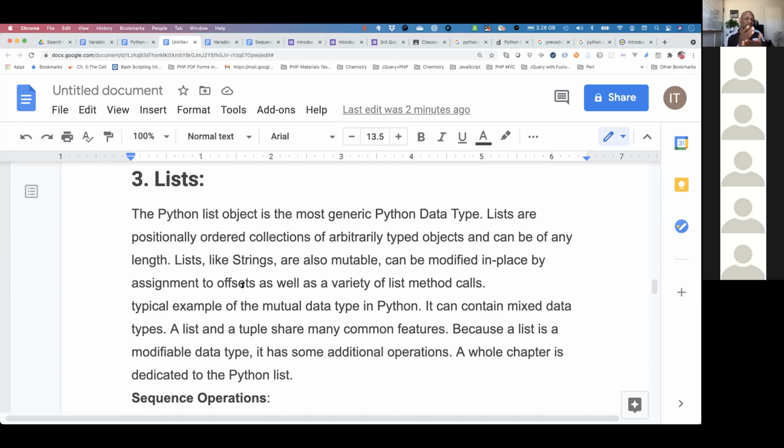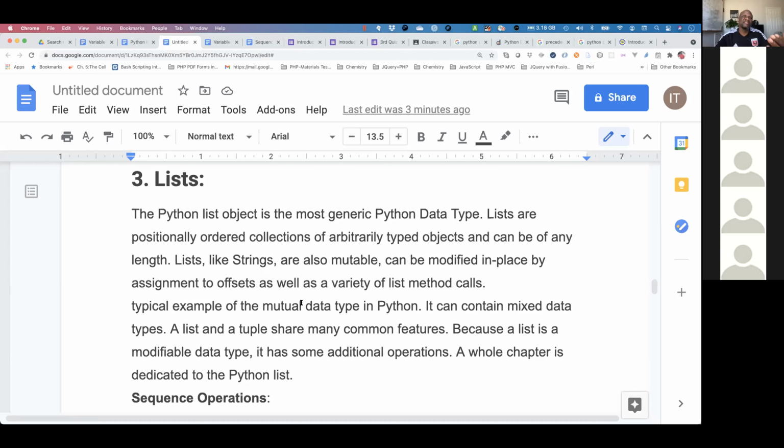You can edit it dynamically in the program. Dynamically means when the program is running, you can add things to it. You can append or delete in lists. And you'll find out pretty soon that that's not the case with tuples.